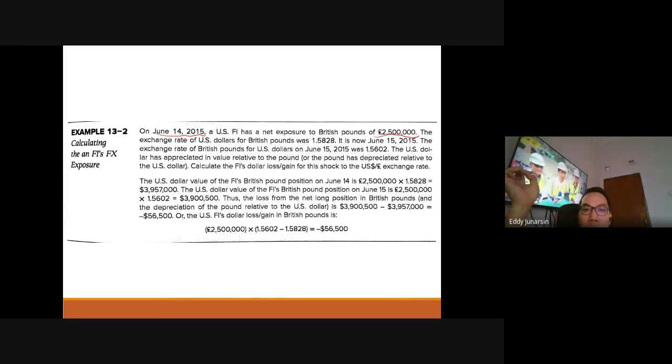And the exchange rate was 158.28, similar to our previous example, right? So on June 15, the exchange rate has become 156.02. So what is happening now? You have net exposure 2.5 million.